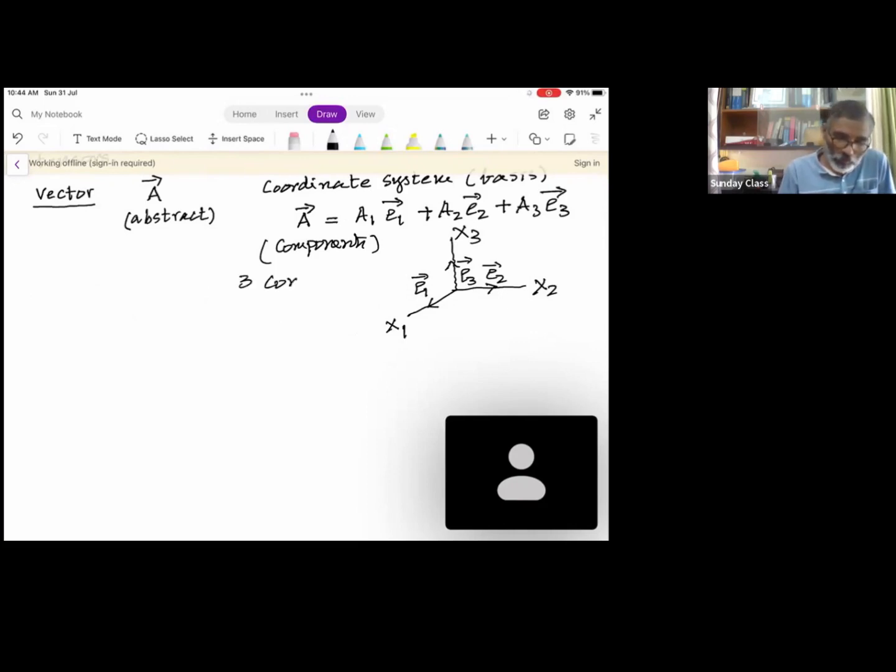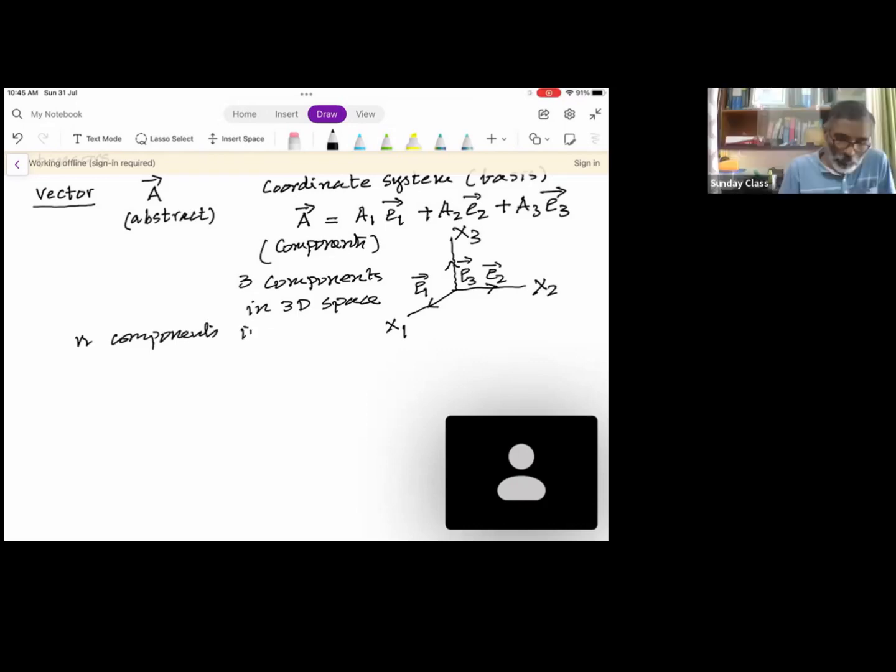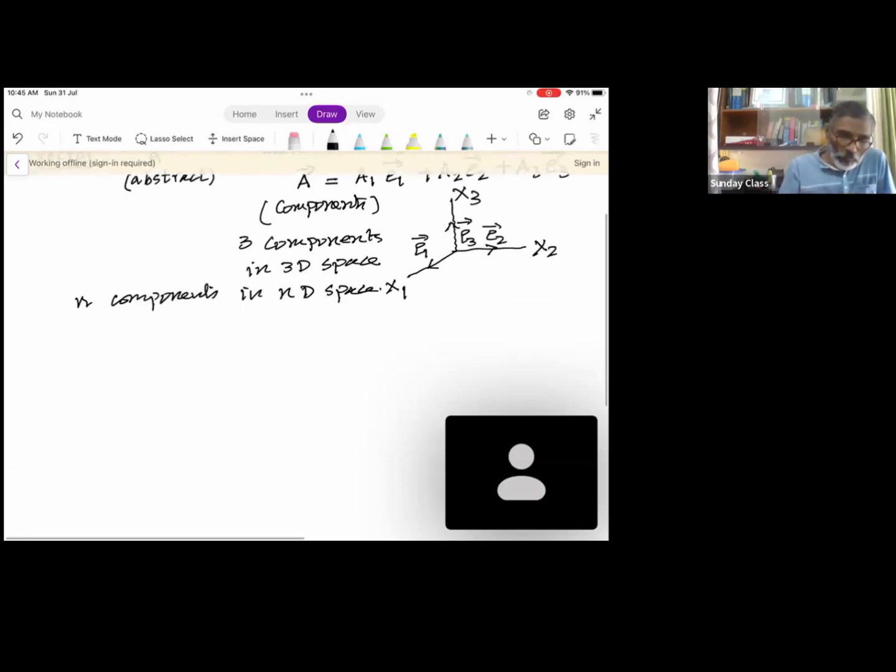Three components in 3D space. One can generalize this and have n components in n-dimensional space. So in general, a vector can have any number of components depending on the space that you are choosing.